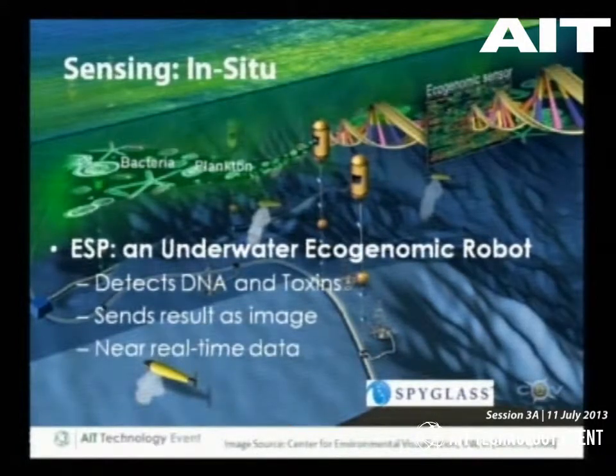And they're drawing in water samples, and then they're basically looking for target organisms to see what is the concentration of these cells in the water. So it detects the DNA, it can detect the toxins. The algae themselves are not actually poisonous, but sometimes, and it's not exactly clear why and when, they produce a toxin, and that toxin gets in the shellfish and also can kill fish as well.